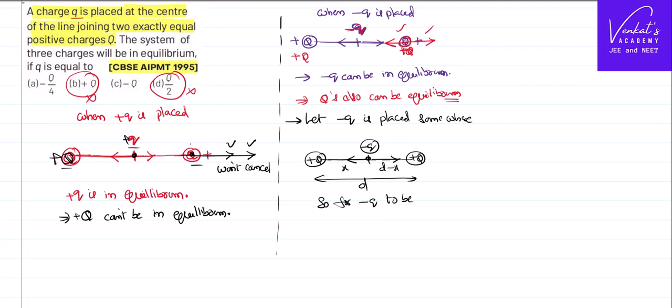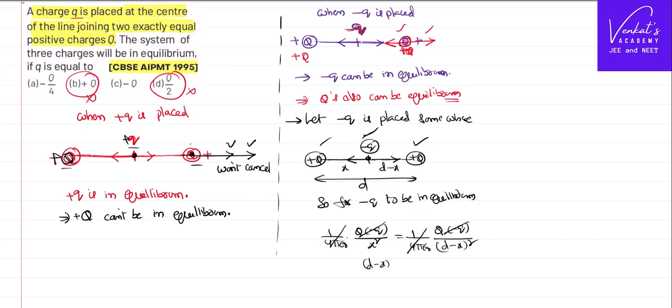For minus q to be in equilibrium, the force between this and this, 1 by 4 pi epsilon naught Q q by x square, equals the force between the middle and the last, Q q by d minus x whole square. 1 by 4 pi epsilon naught and all this will cancel.